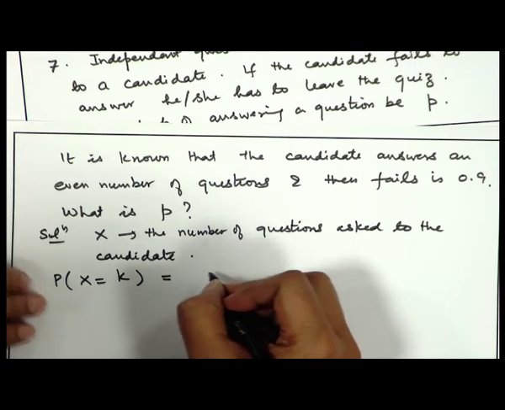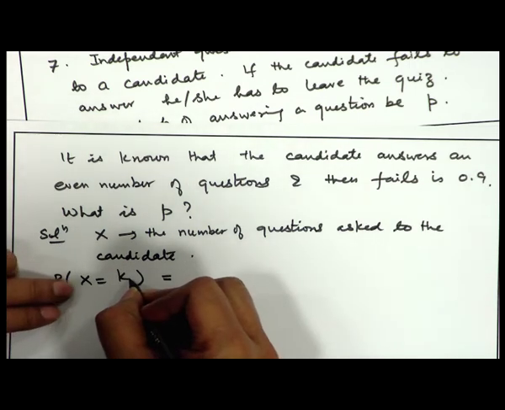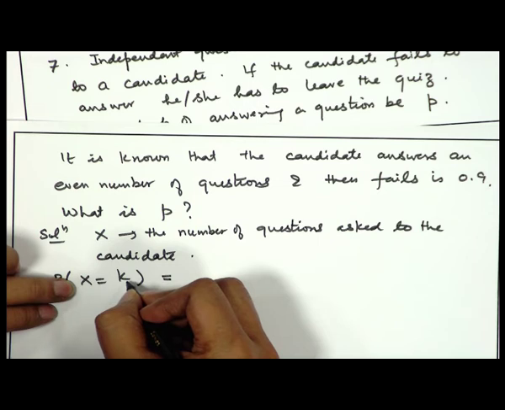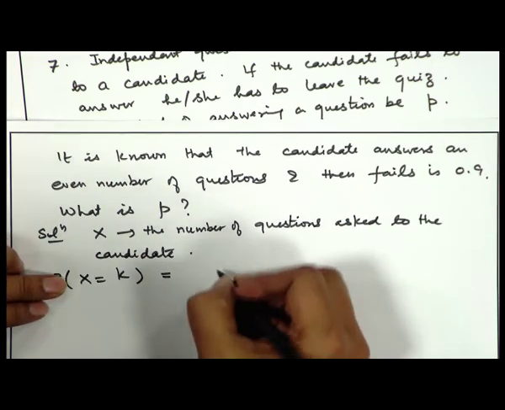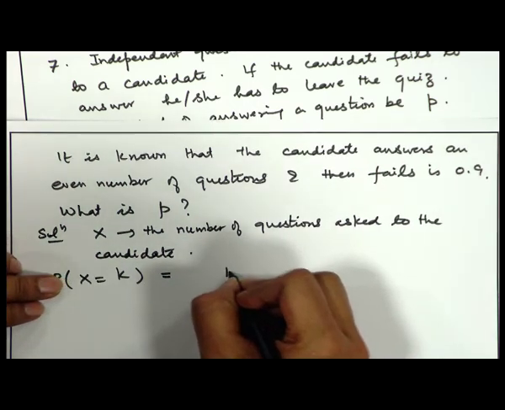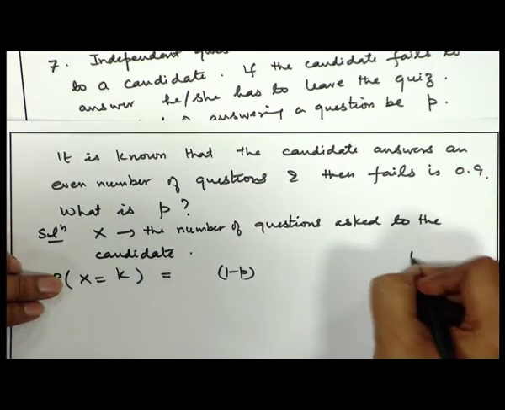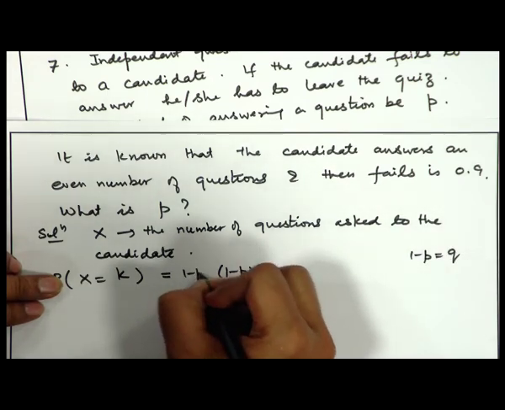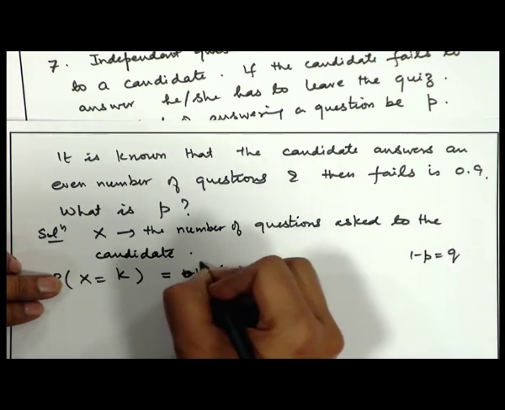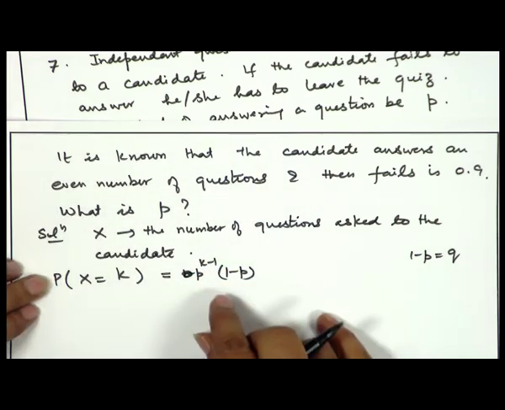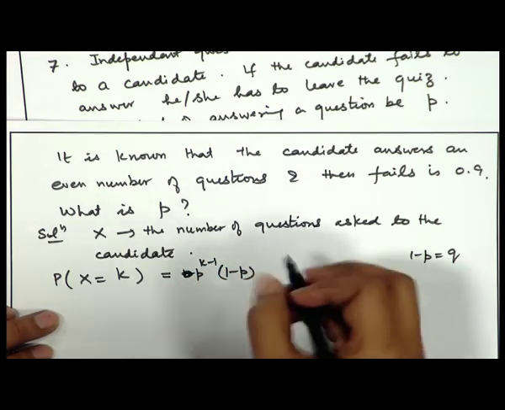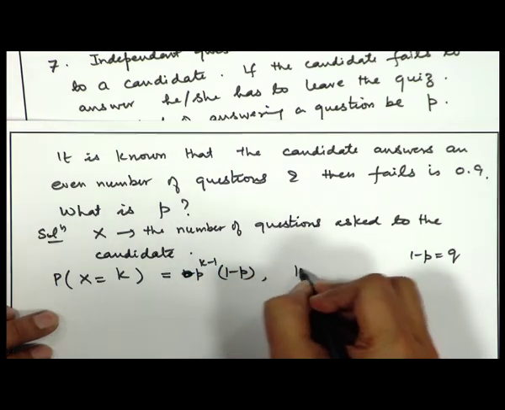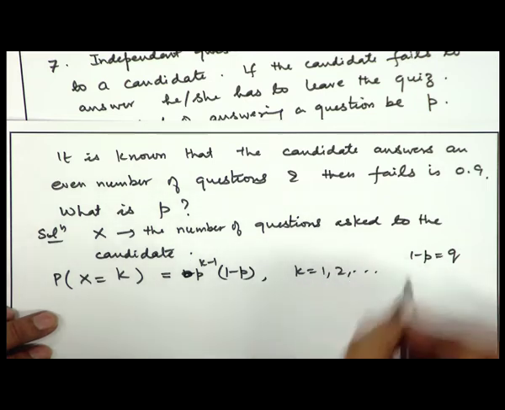So, if he is totally asked k questions, that means the last question he did not answer. So, the probability is 1 minus p, or we also can call it q, and before that he is able to correctly answer k minus 1 questions. So, it is p to the power k minus 1 into 1 minus p, where k is equal to 1, 2 and so on.